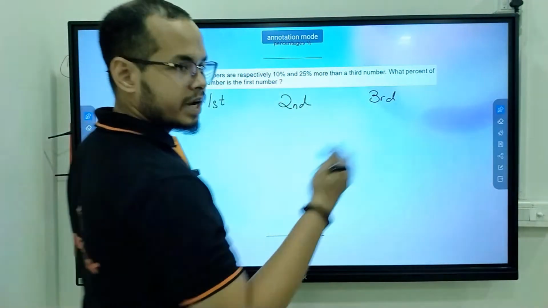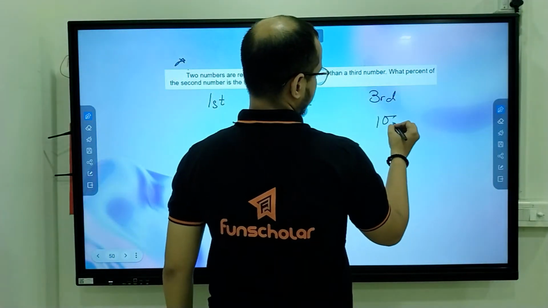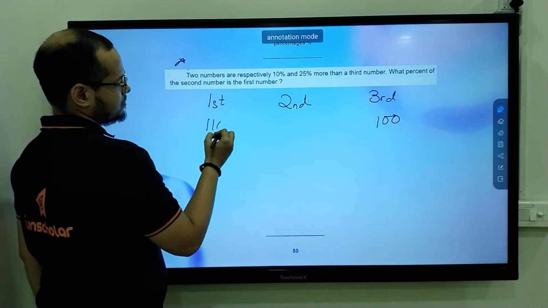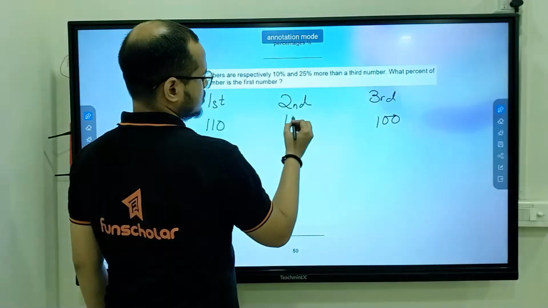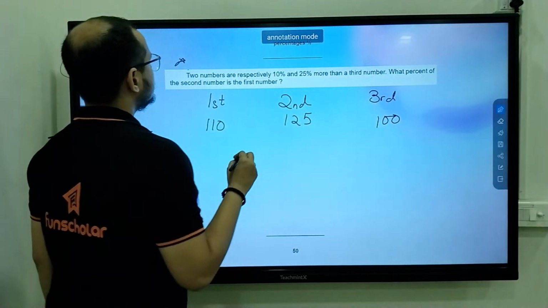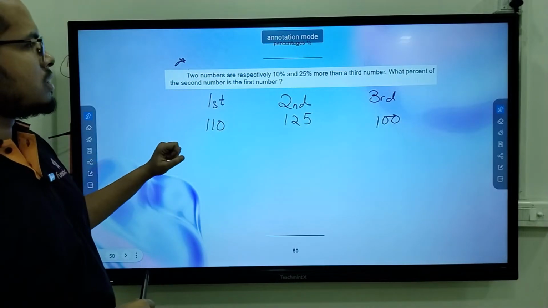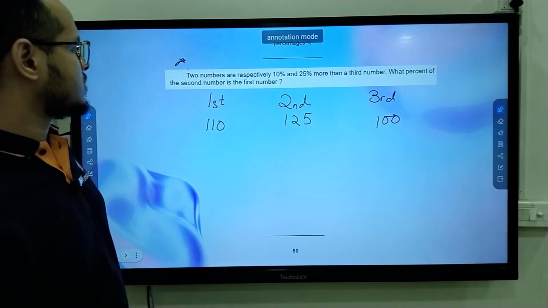Let the third number be 100. So the first number is 10% more, so 110. The second number is 25% more, so 125. What percent of the second number is the first number?